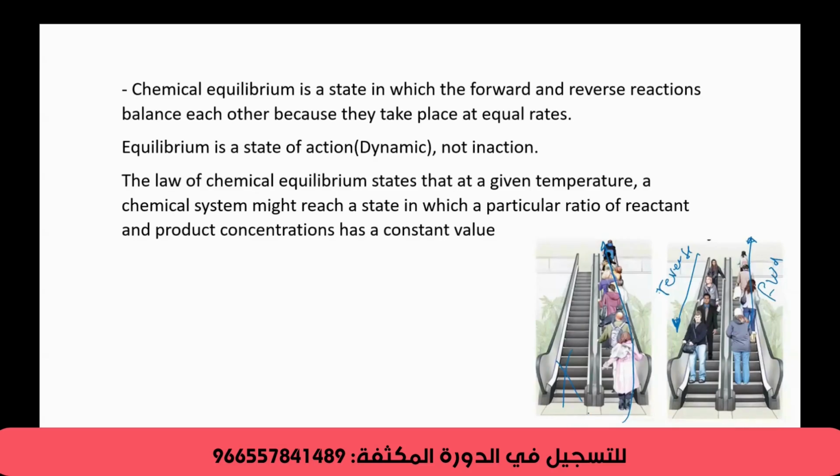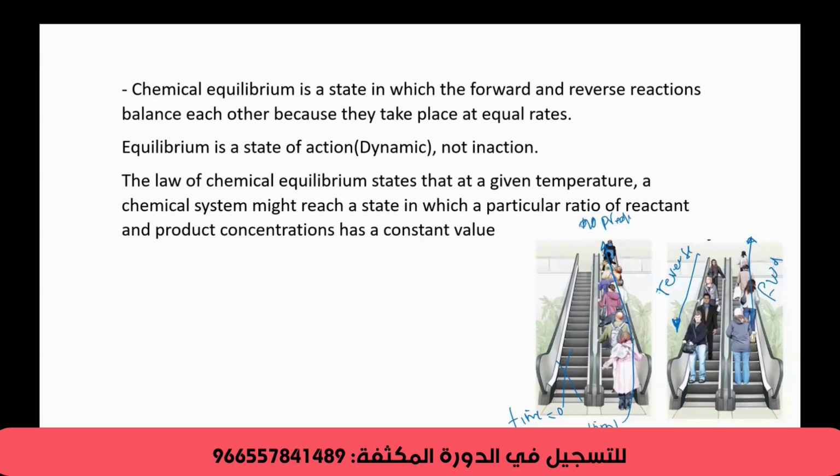So let's say at time 0, on the ground floor, I have, let's say, 15 people. At the product, 0, no product. So far, all of them are going up. So still no product.